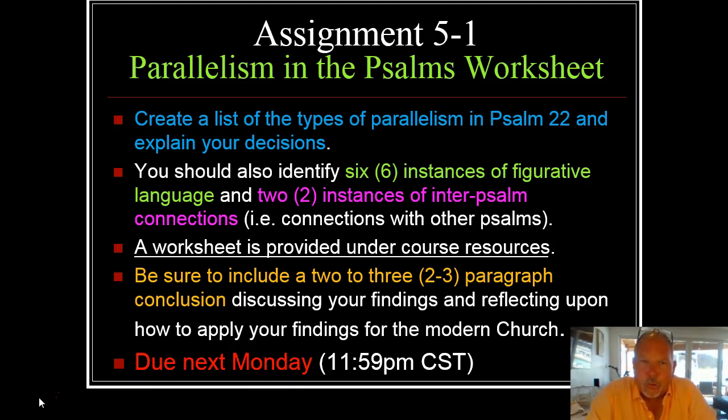So you should also, in this worksheet, identify 6 instances of figurative language and 2 instances of inter-psalm connections, or connections with other psalms. So you have a worksheet. I'm wanting you to, after you've listened to the lecture and done the reading, identify types. Synonymous, synthetic are 2 of the types that you're going to learn about.